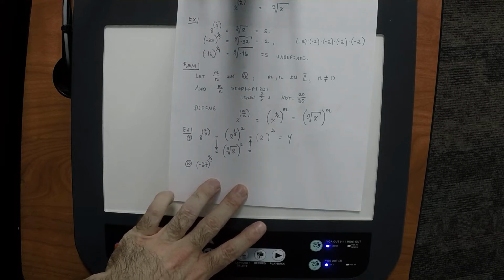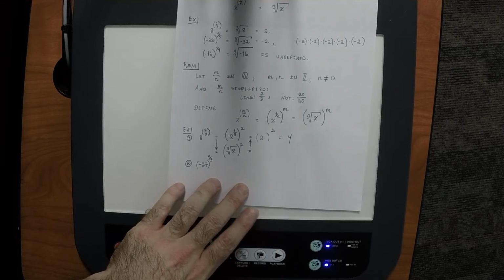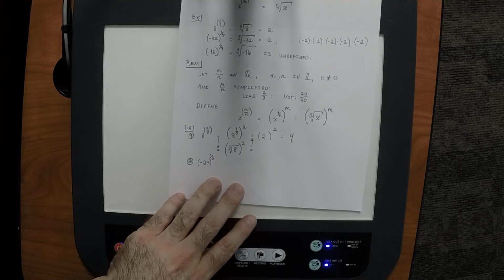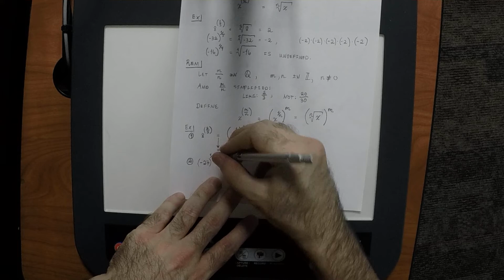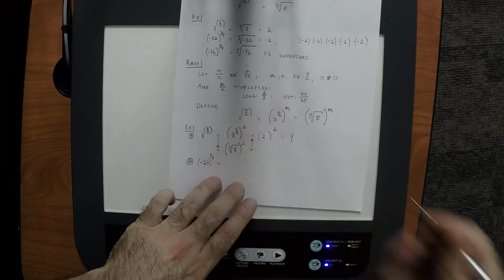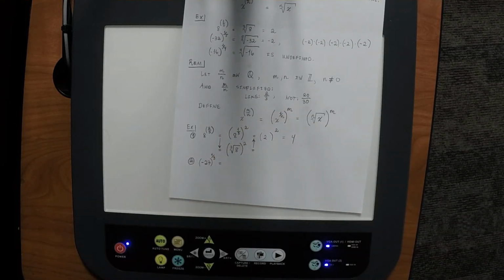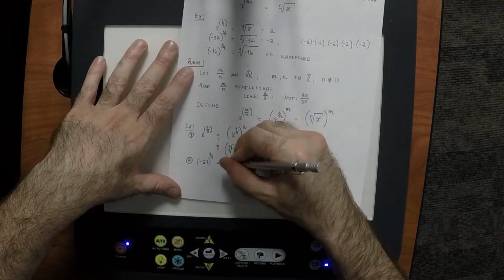All right. How do we do that? Again, because it's this rational exponent, it's got a numerator and a denominator. We've got to do two things, one after the other. Essentially, you've got to address the denominator first. So that means that we have to do the cube root first.